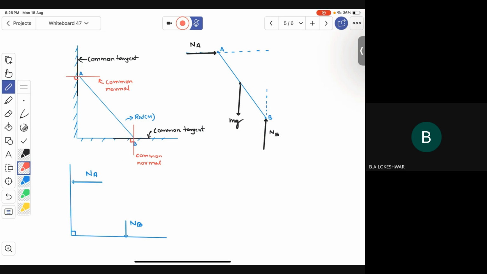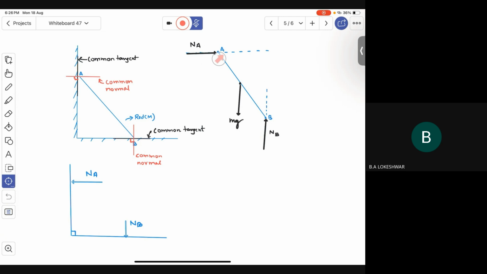Correct? So normal contact force on the rod at point A must be acting along horizontal. Horizontal means it could be rightward or leftward at A. So which way I must apply that force, so that that force must be trying to push the point A of the rod away from the vertical surface.